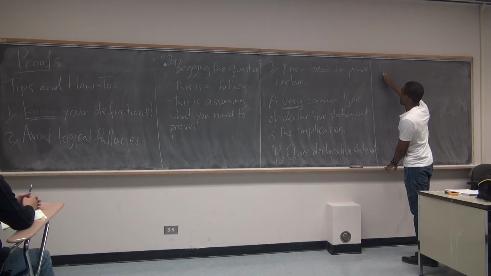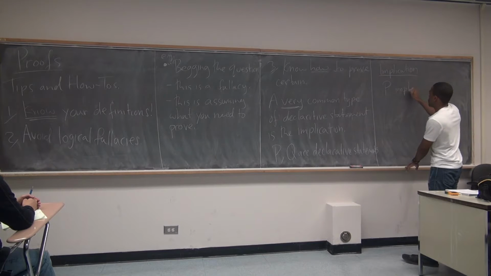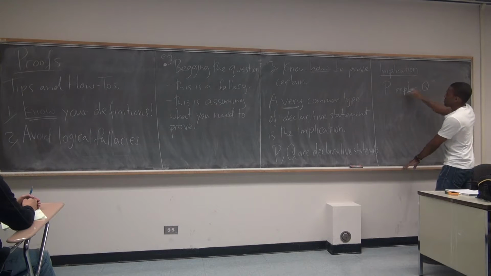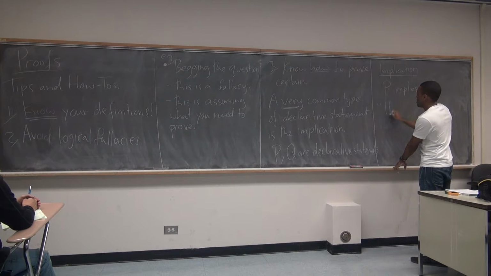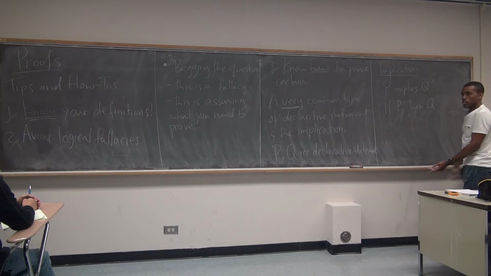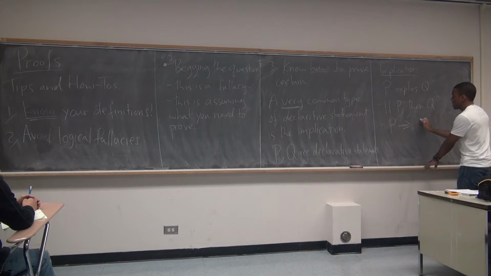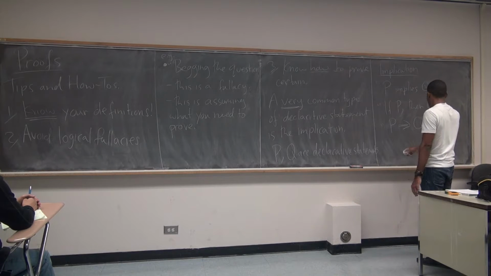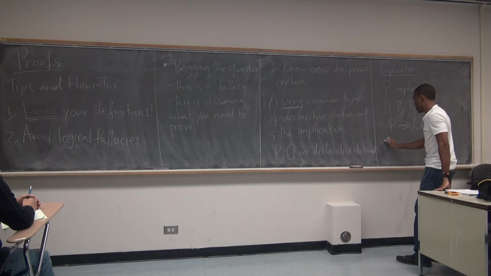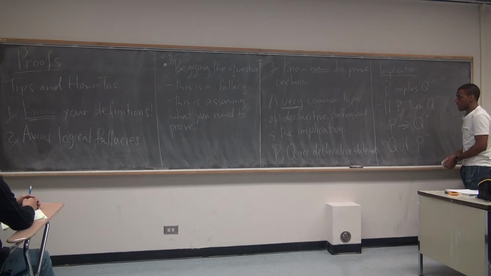Then an implication would be something like P implies Q. Or I could say something like, if P, then Q. Right? Or you might see in symbols, P, you'll have this arrow thing, and then you'll have Q. Or you might see Q if P. And these could be anything.